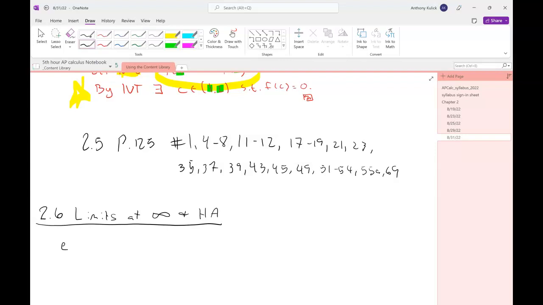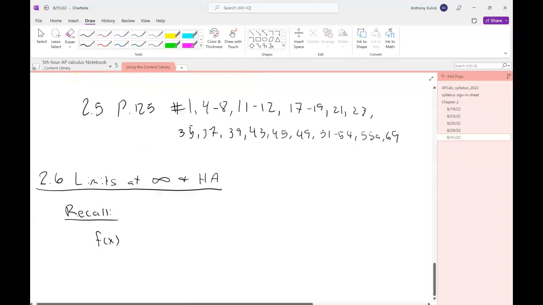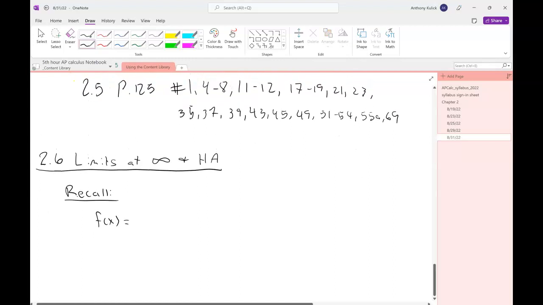Recall back to your Algebra 2 class. I know that's a long time ago. Remember we talked about rational functions. So maybe something like this was a general rational function. How would I find the different asymptotes for something like this?